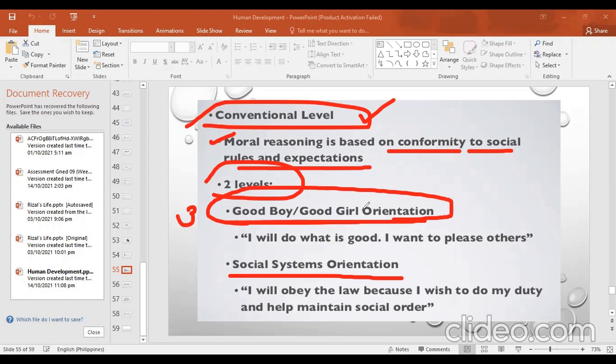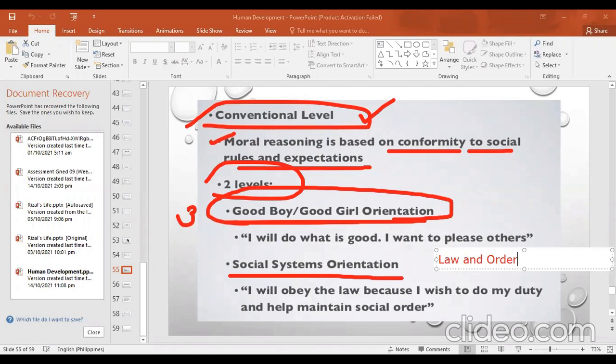Okay? So next, we have social system orientation. Paki-take note ito. It has something to do with law and order. So I will obey the law because I wish to do my duty and help maintain social order. So it has something to do with becoming aware of the law in the society.